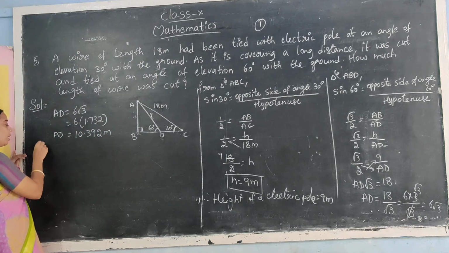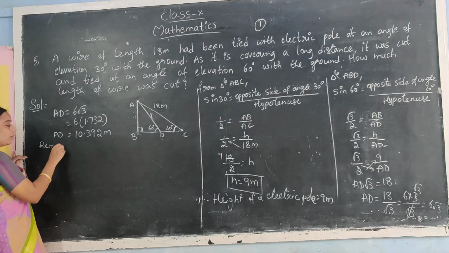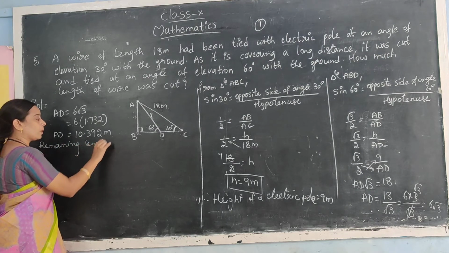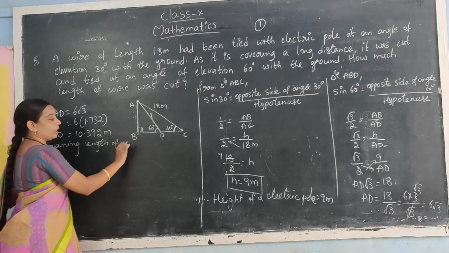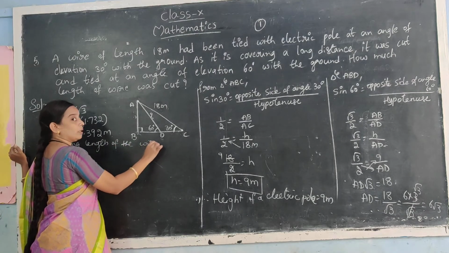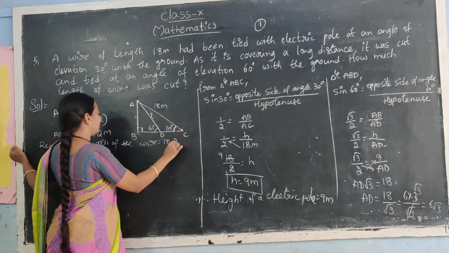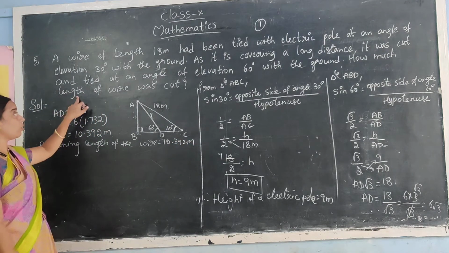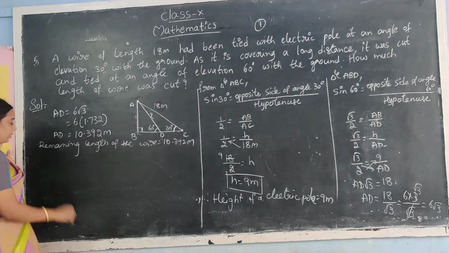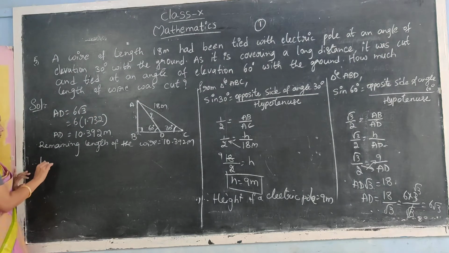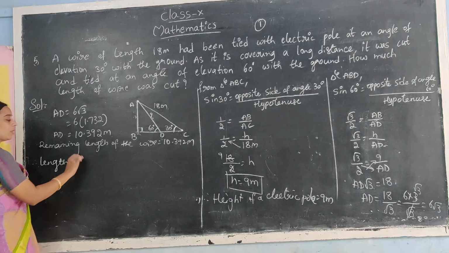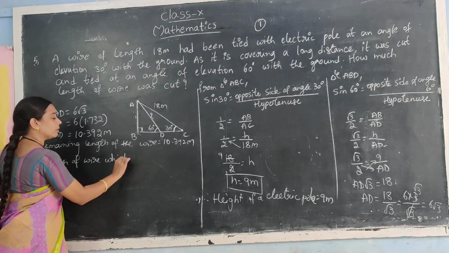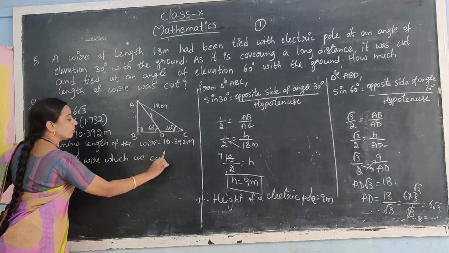AD means what? The remaining length of the wire. Remaining length of the wire is equal to 10.392 meters. Now we want to calculate how much length of the wire we cut. Therefore, length of wire which we cut is equal to, how to find this value?